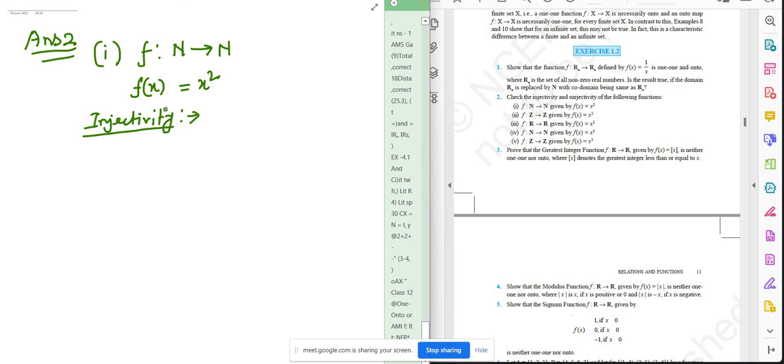Yes, here for natural numbers, if you consider 1, its image is 1. If 2, then its image is 4. If 3, then 9. If 4, then 16. If 5, then 25.